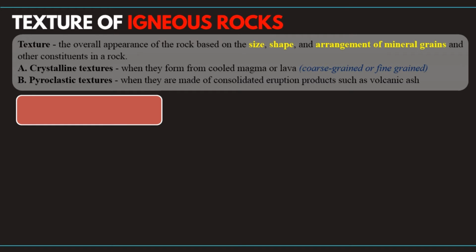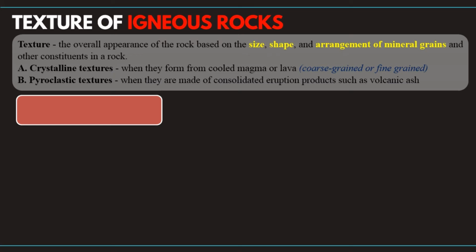On the other hand, when we say fine grain, the texture of the rock is smooth and we can hardly see any traces of its mineral grains. Okay? And then pyroclastic texture happens when they are made of consolidated eruption products such as volcanic ash.